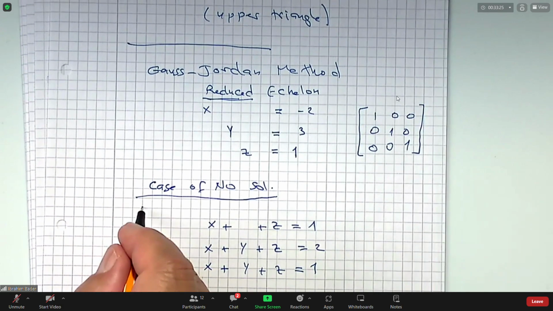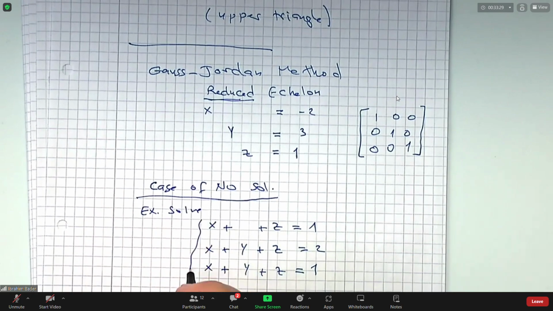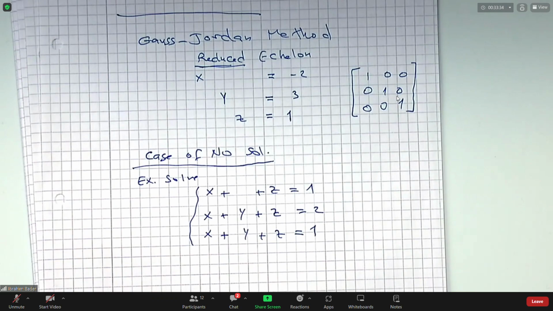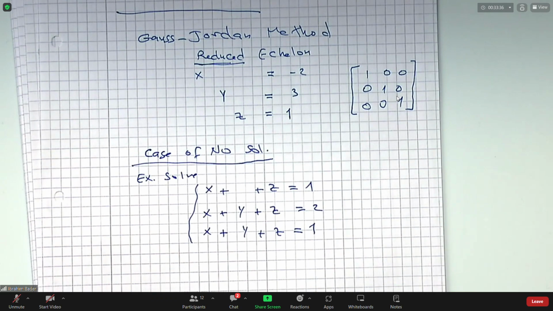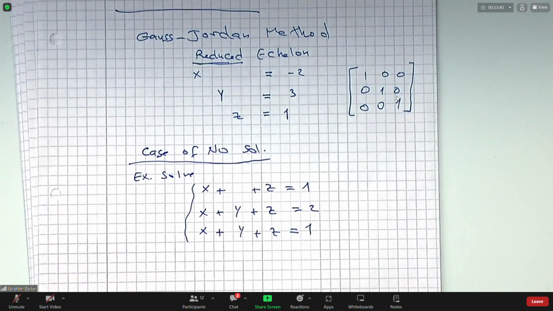This is the example, and it's asking you to solve this linear system. Of course, we can subtract any of the rows.